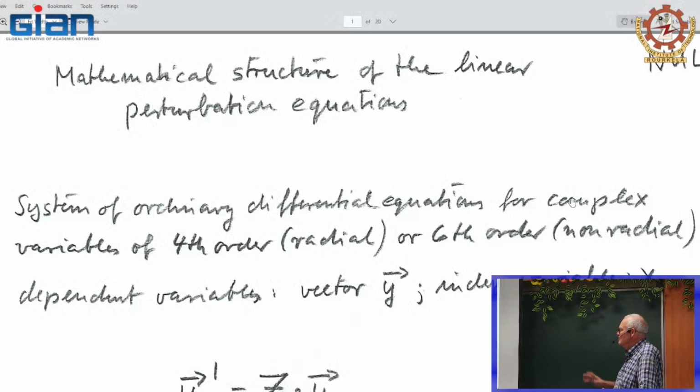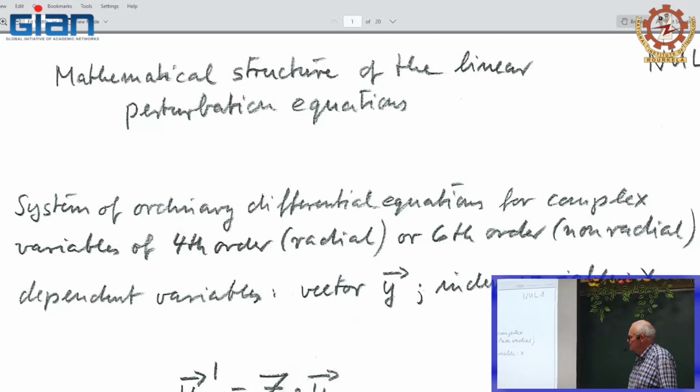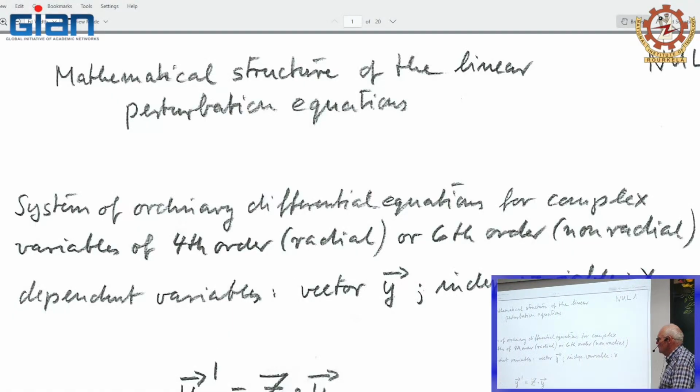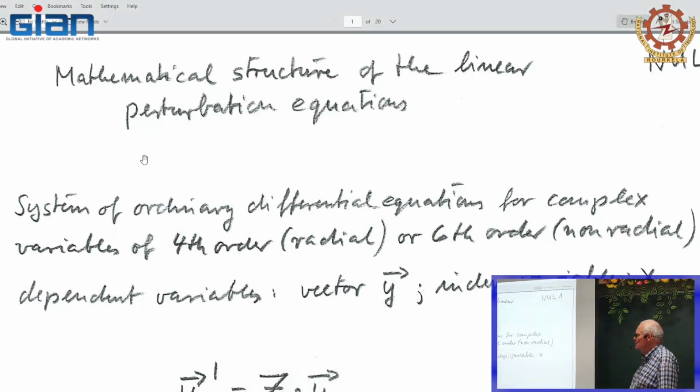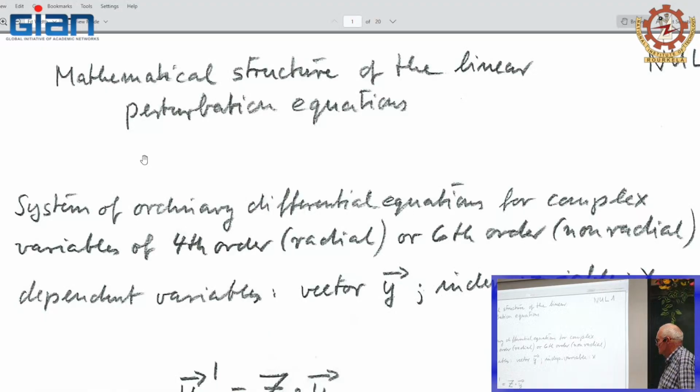So, the mathematical structure of the linear perturbation equations and their solution. The mathematical problem consists of solving a system of ordinary differential equations for complex variables, of 4th order in the radial case or 6th order in the non-radial case.